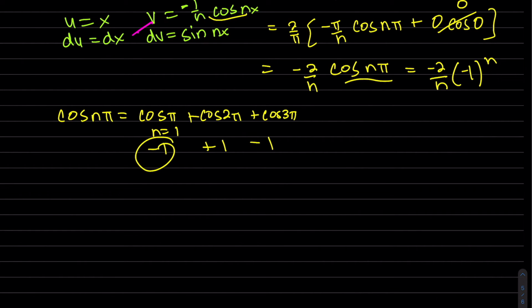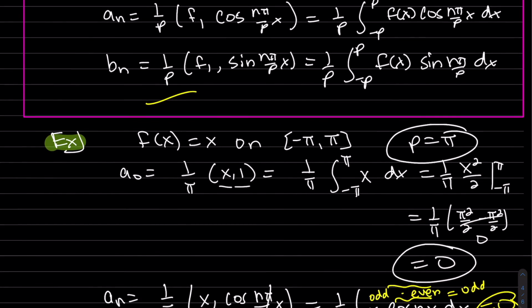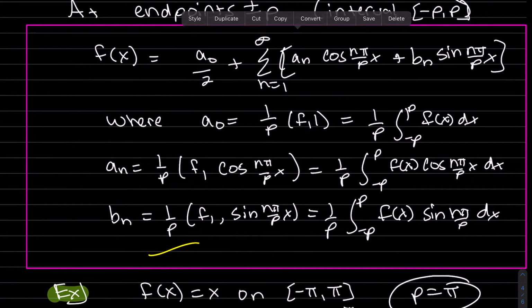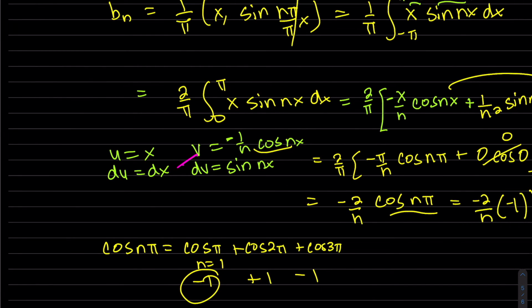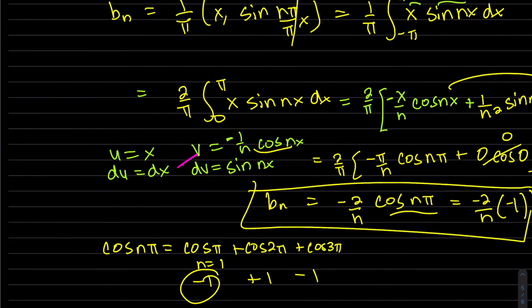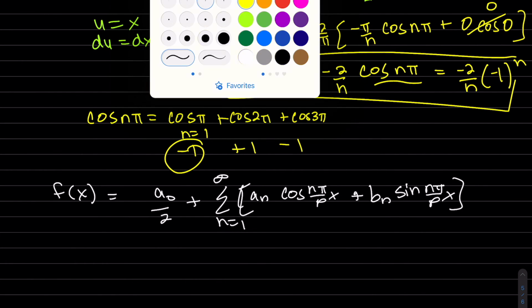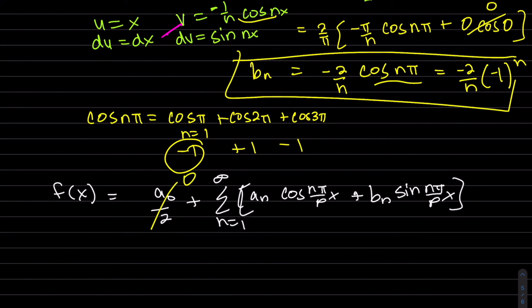Yeah. So going back here, we found our b_n. This was our b_n. And this was 0. This was 0.